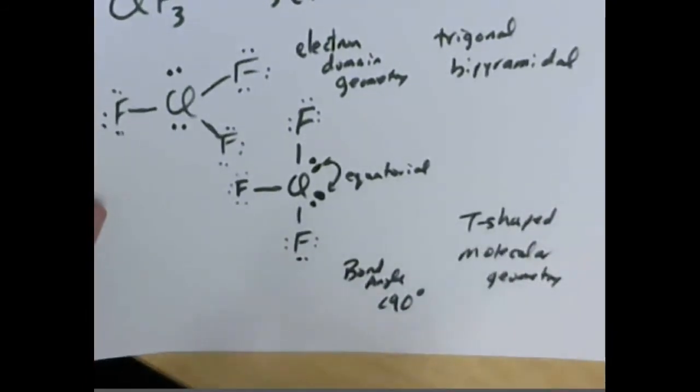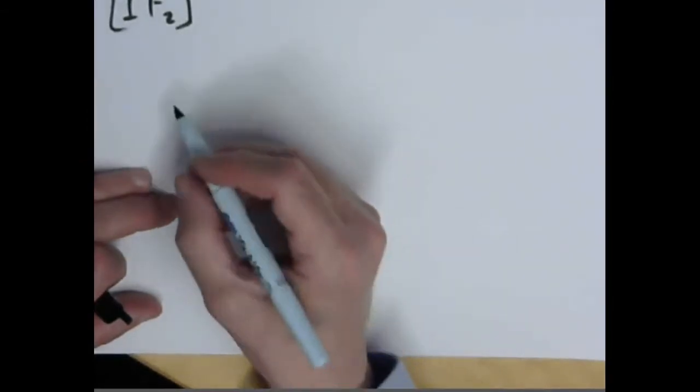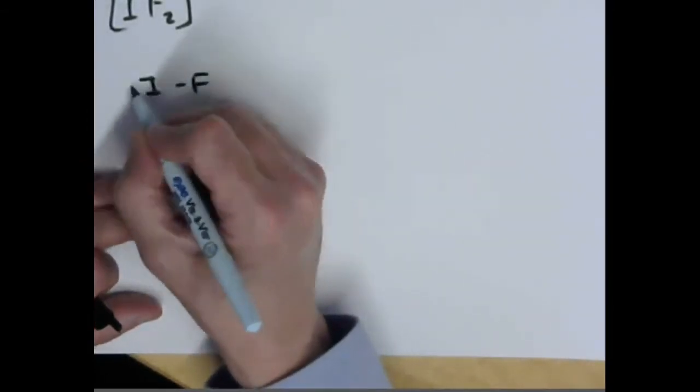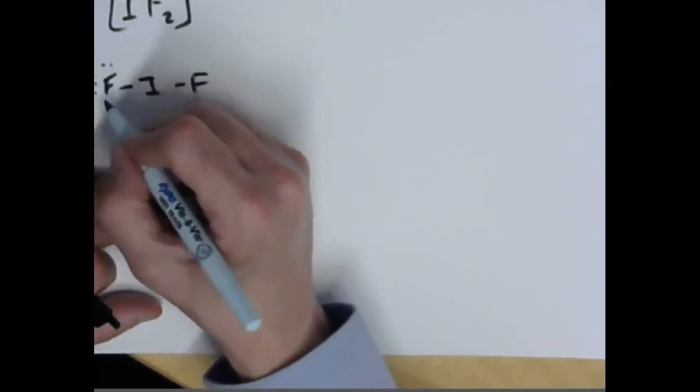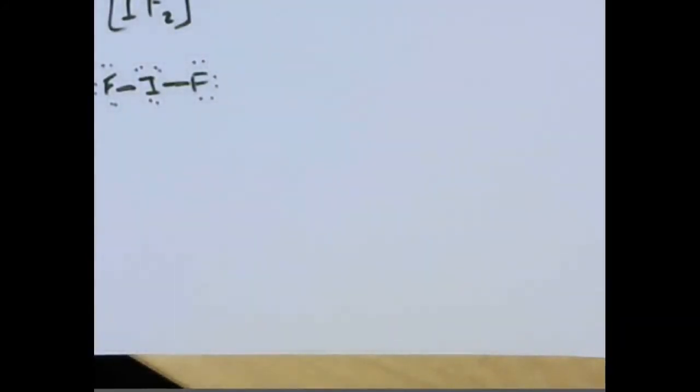So there's one more case of looking at 5 electron domains, and that's going to be in this ion, IF2 minus. In which there are actually 3 non-bonding pairs around the central iodine, plus 2 single bonds, each worth a single electron domain.